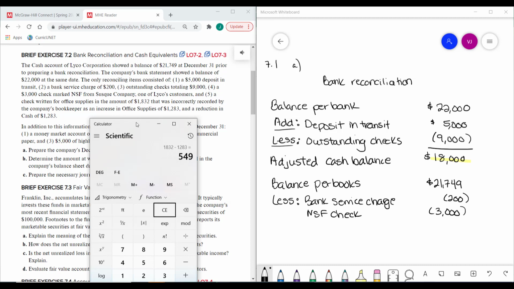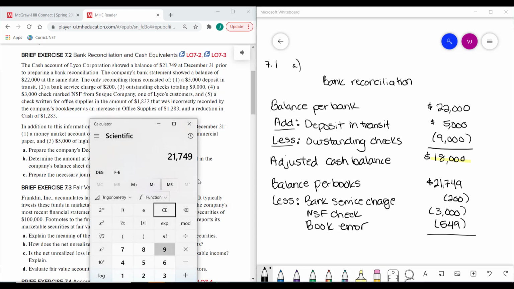So as a result of this book error, we need to subtract $549 from our cash balance to show that we actually spent $549 more than we recorded. Okay, so that's it. So that's the balance per the books minus these subtractions.